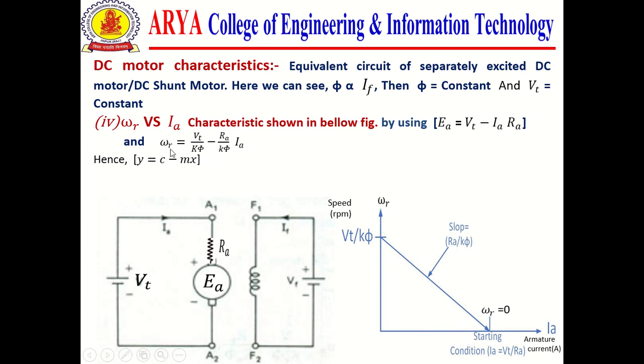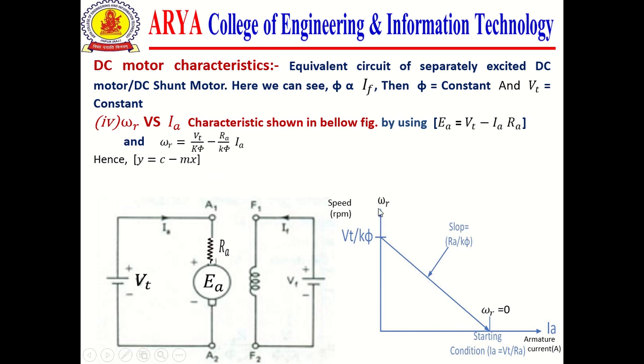Here you can see the speed of the DC shunt motor or separately excited motor is affected by the armature current. Mathematically, y equal to C minus mx. C is constant, since flux is constant, Vt is constant, K is constant. And m is Ra upon K phi, and x equal to Ia.